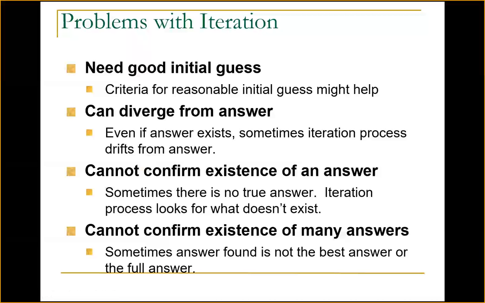Sometimes iteration never tells you if you have more than one answer. Iteration will just bring you to an answer if it does. And when you get to the answer, you hope that it's the answer, but you better have some other information or some other criteria that will help you to assess whether or not you're sure that this is the answer that you want. Alright?